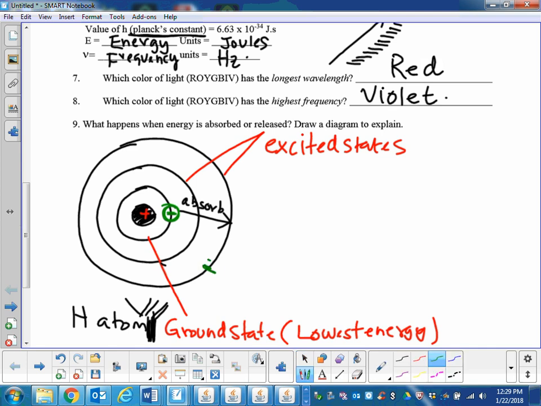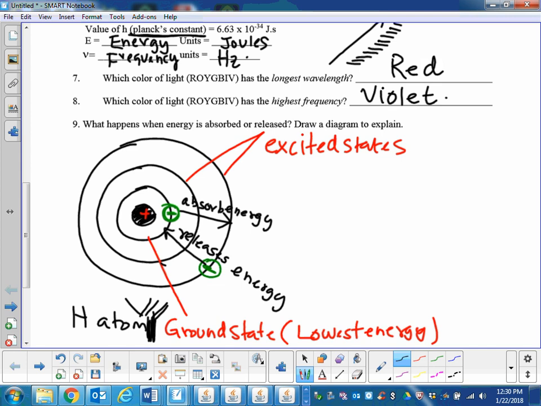It will jump back to the ground state. When it goes back to the ground state, what does it do? It releases the energy. Going up to a higher energy, it absorbs energy. Is that right? Going down, what does it do? It releases the energy.